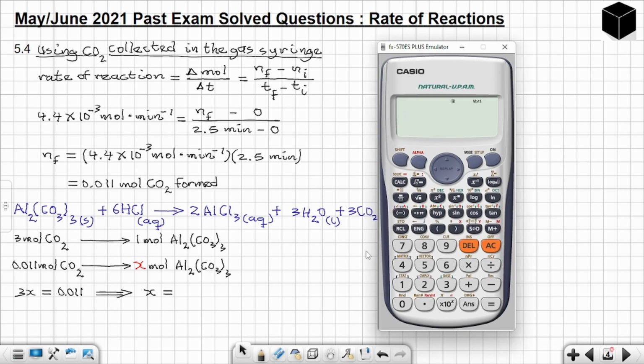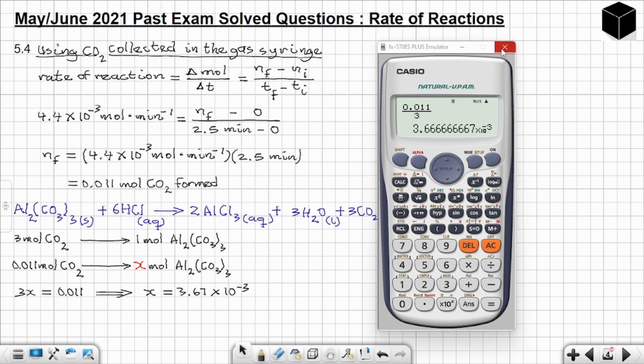So you have 0.011, we divide by 3. And this is what we have, 3.67. Let's round it off to 2 decimal places. So 3.67 times 10 to the negative 3. Okay. So this is what we have. Can you see from the calculator when you divide this by 3?